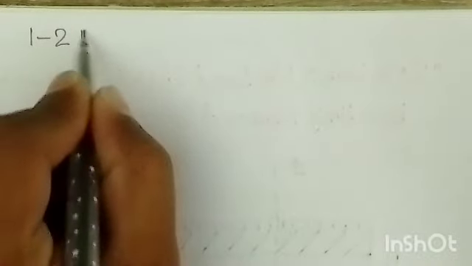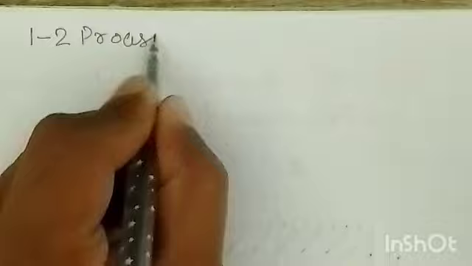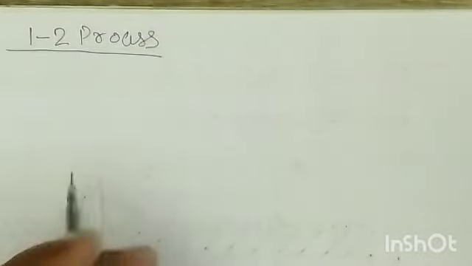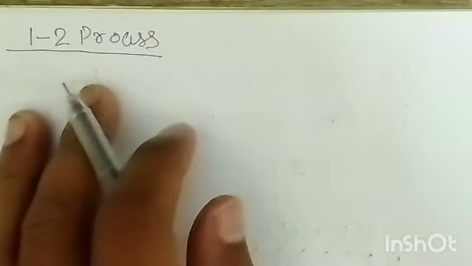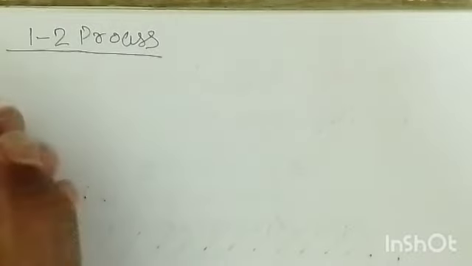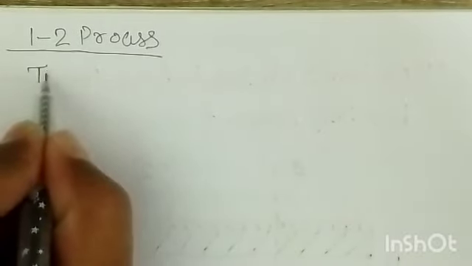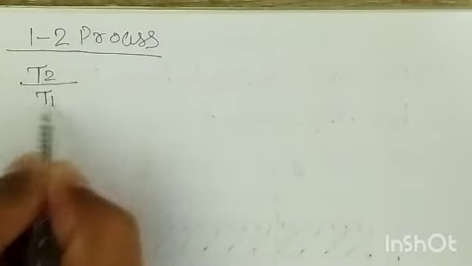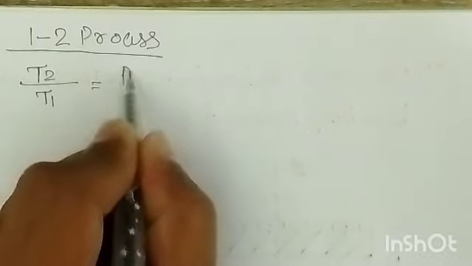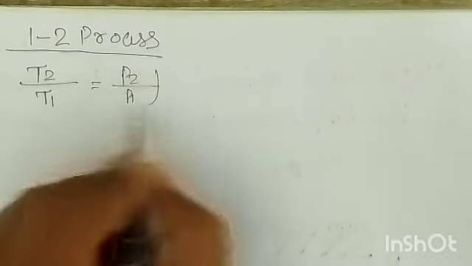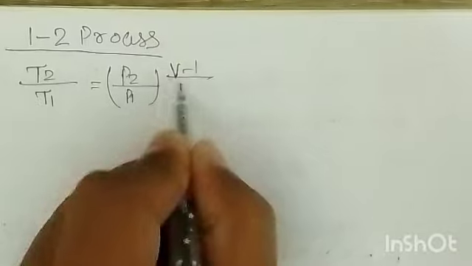first of all, you can write the 1 to 2 process. So for the 1 to 2 process, first I'll take the isentropic relation: T2 by T1 is equal to P2 by P1 whole power gamma minus 1 by gamma.